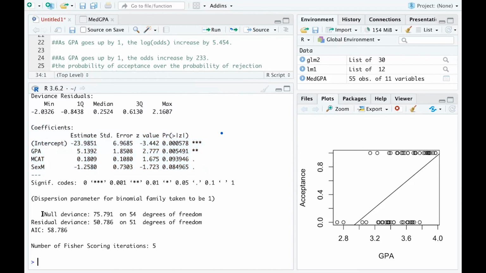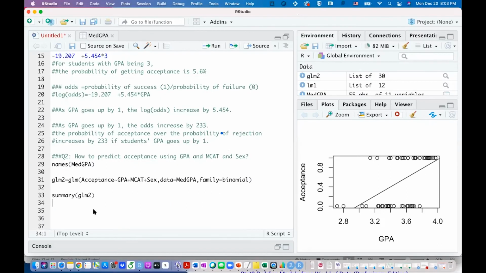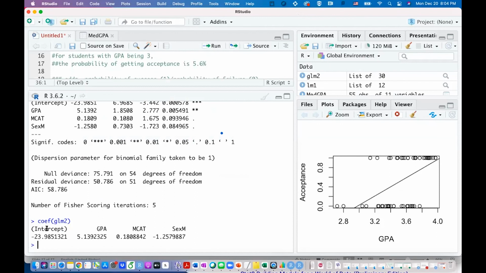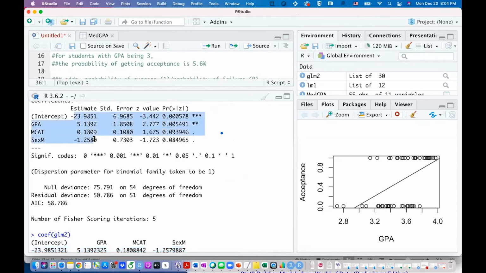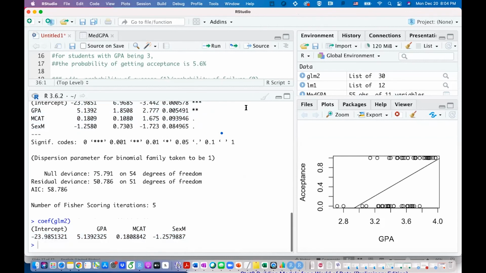We have null deviance and residual deviance here, and we have the AIC value. Now let me share some other important functions. For example, you can do coef, which is for coefficients, on GLM2, and you can get all the coefficients. You can see they are the same as the estimate column here.